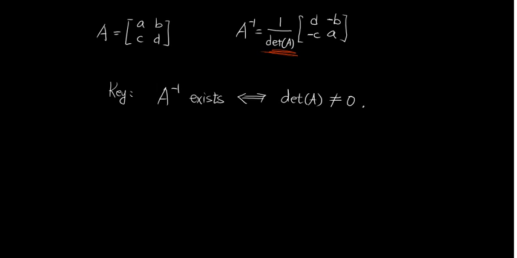In fact, for higher dimensional matrices, we also have a formula like this, called the adjugate. But I doubt that we have time to talk about that. I just want to let you know the same behavior also works for higher dimensions. But as usual, when the dimension gets higher and higher, the formula is not so easy. That's why we only tell you the second one.